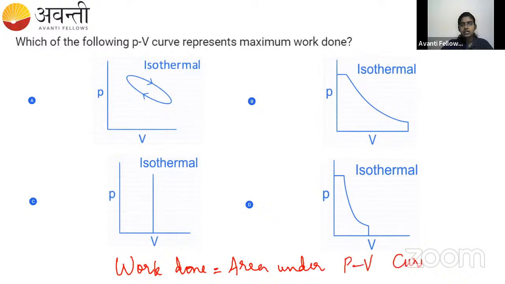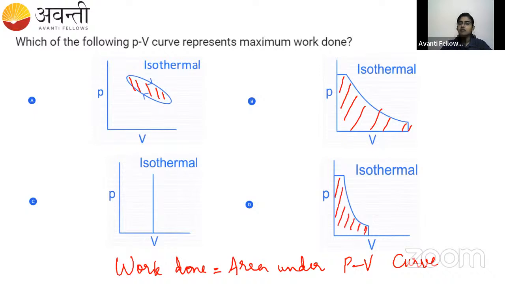If the area under the pressure volume curve is more, then the work done is more in that case. So observe all the options. Here in the first case, this is the work done, and in option B, this is the area under the PV curve, and here we don't have any area, it is a straight line, and here this is the area under the PV curve.